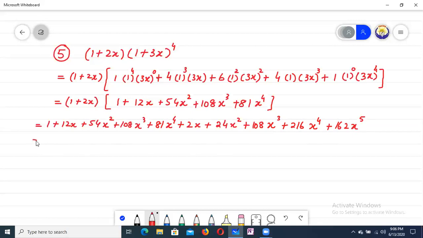Now like terms we will add together. As only one constant term is here, this one, then this 12x plus 2x will be 14x.